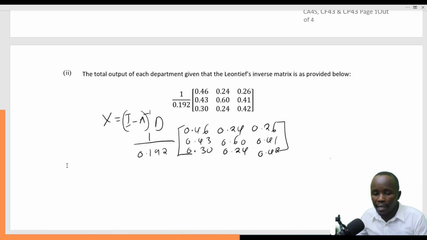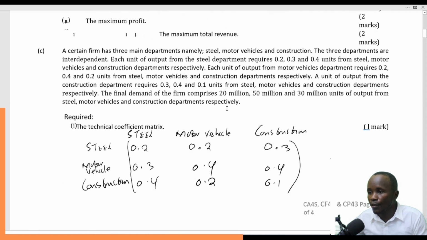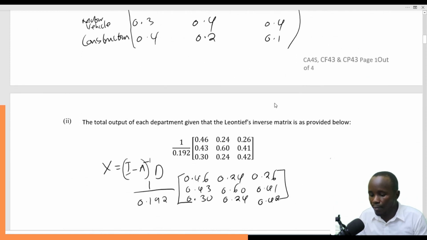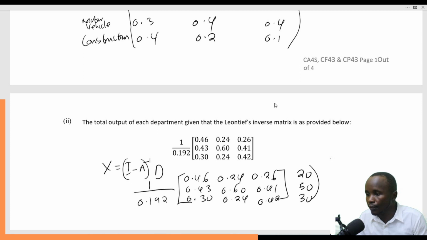Then what is the demand? The demand is given on top here. You are told that the final demand is 20 million, 50 million, and 30 million. So I multiply by 20 million, 50 million, and 30 million; these are in millions.